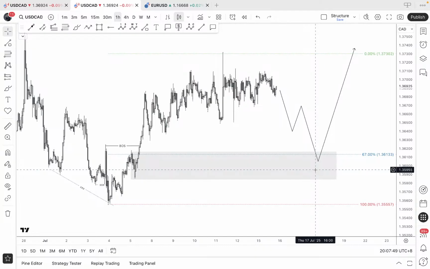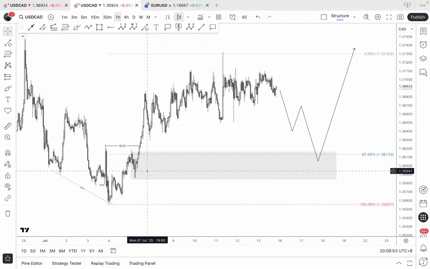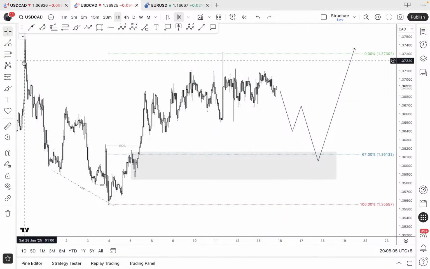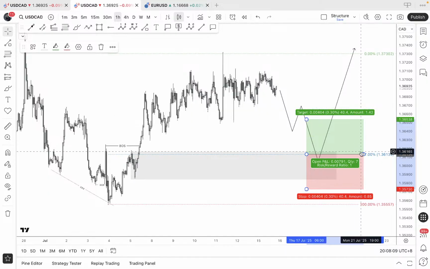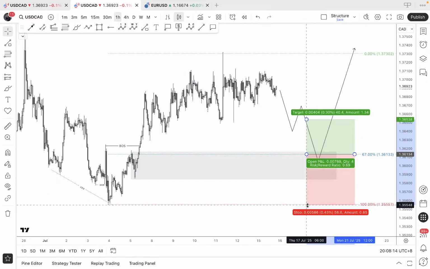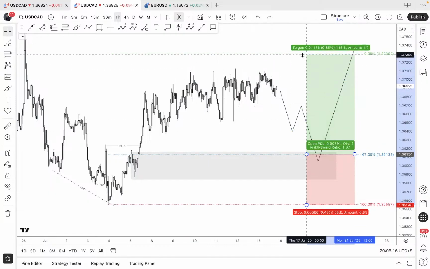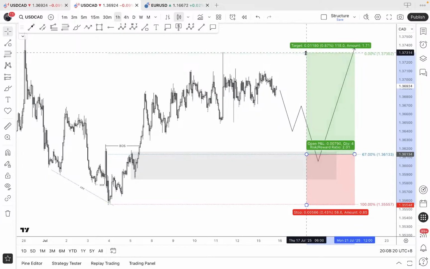And of course you can see over here level 67 also has order block confluence. As I mentioned, that's basically what we want to see, right? So, a simple setup. The idea here is for price to pull back towards our entry point somewhere at 1.3615. Our stop goes below that swing low, and then our target is where that previous swing high is, right? So that gives you an average risk reward of 1:2.